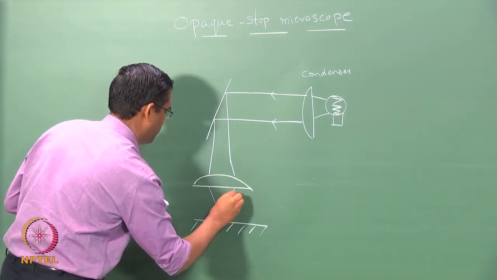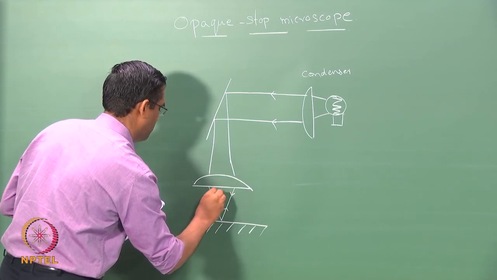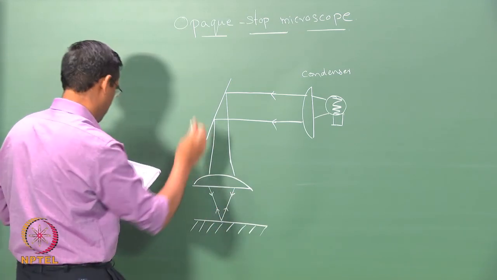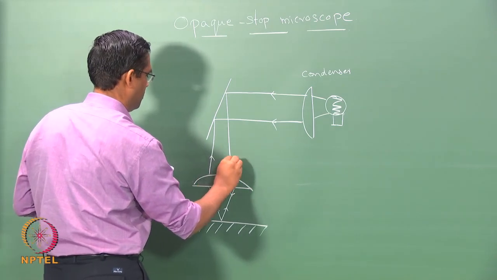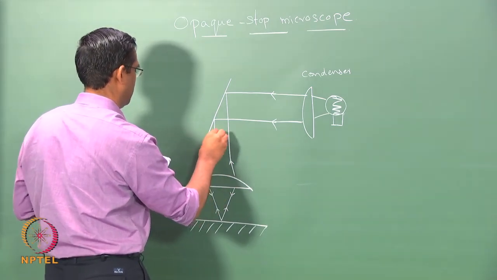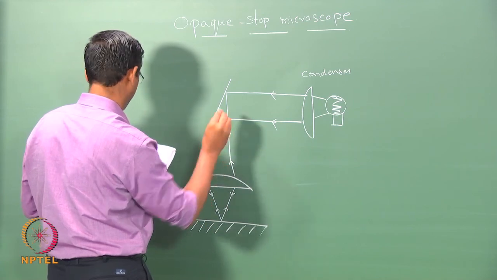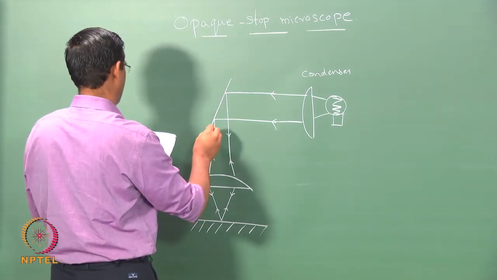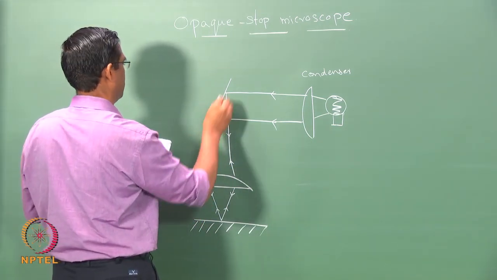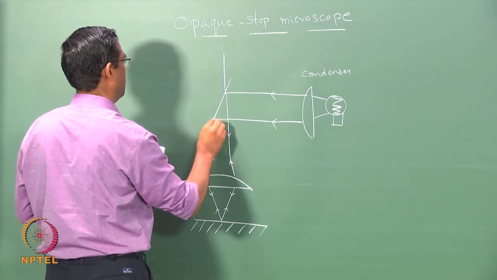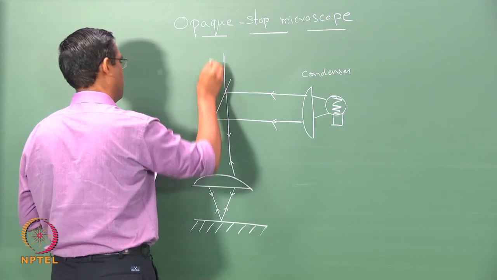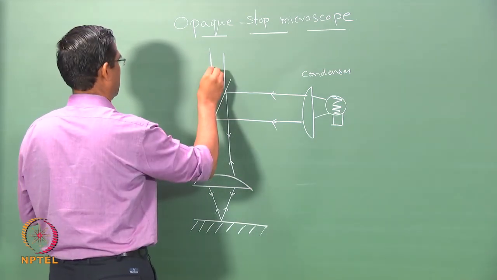Light rays first come through this objective and then go back like this. Then it goes to the eyepiece like this.